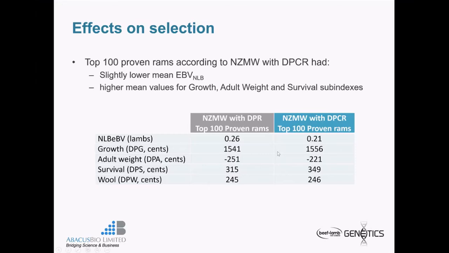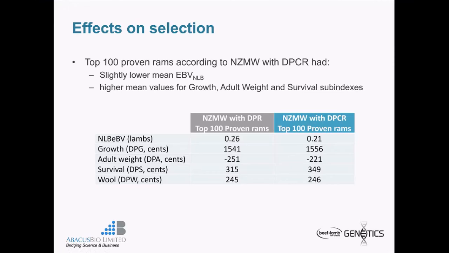And then we picked out a different 100 top proven rams from that analysis. This time we used maternal worth with dual-purpose capped reproduction. So we can see by using the capped reproduction what the difference is in the rams that we got. So first of all, we can see that using capped reproduction, we knocked out those really prolific rams.